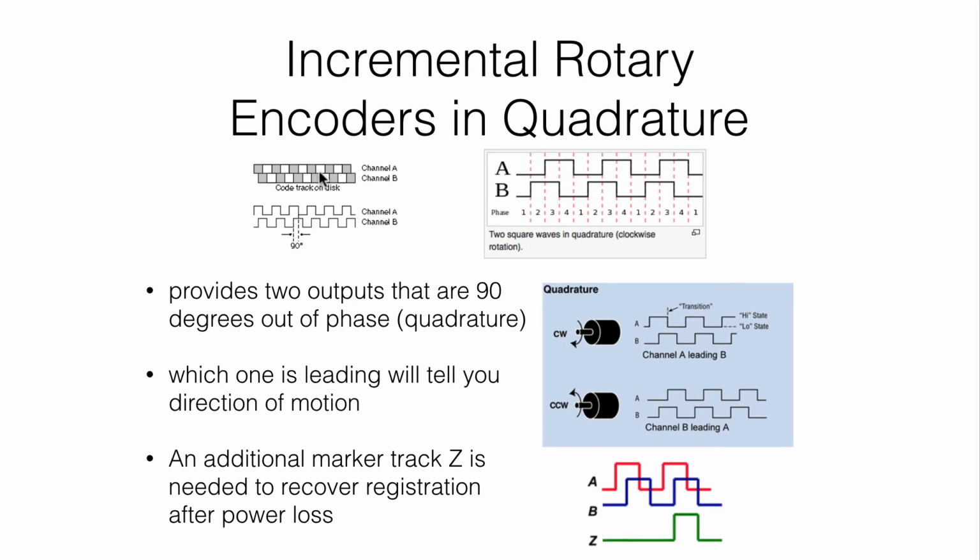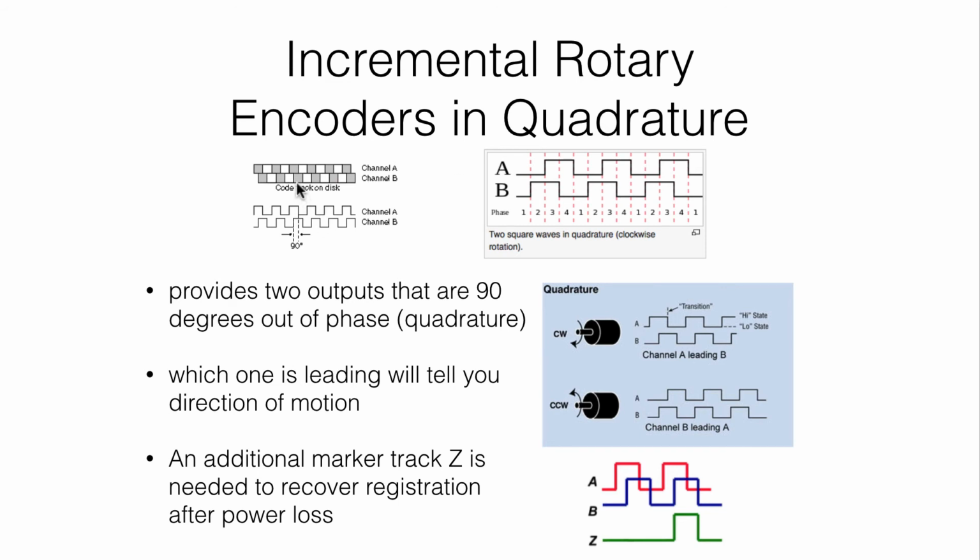So if I have my disk and I have a whole lot of on-offs around the disk, then I can detect how quickly it switches on and off, and each on-off switching will correspond to a given amount of motion. This has the advantage that I can encode many more changes in one rotation of the disk. The disadvantage is that I don't get the absolute position information. I only get incremental information.